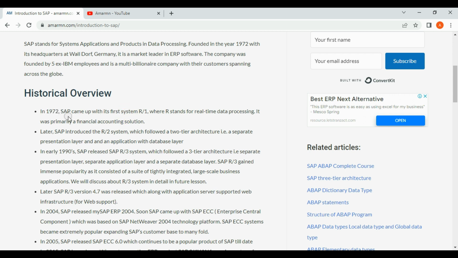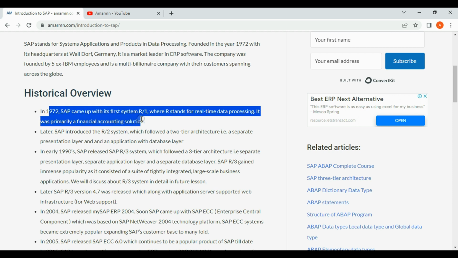So, the very first thing: SAP was founded in the year 1972, and they came up with the SAP R1 system, where R stands for real-time processing, and 1 stands for single-tier architecture. This was the first ERP system given by SAP.